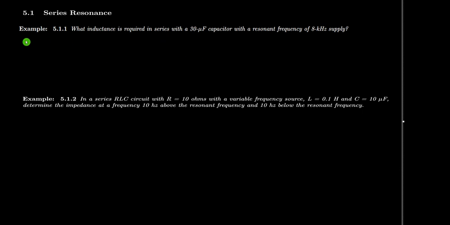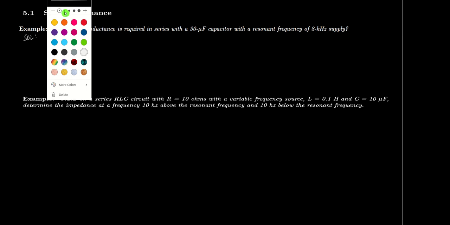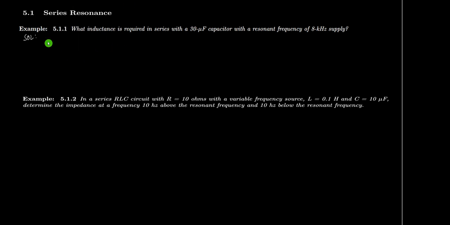If you remember, we already derived the formula for the resonant frequency in a series RLC circuit, and we call that f_r, which is equal to 1 over 2 pi times the square root of L times C.